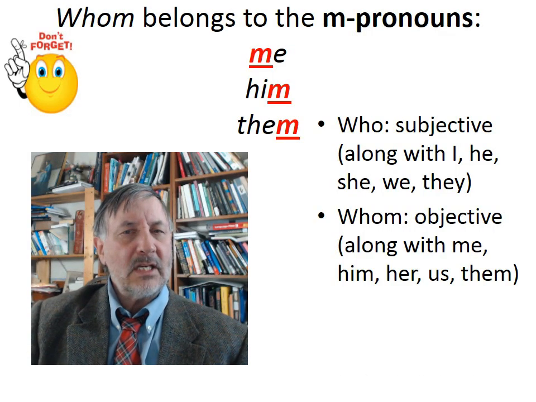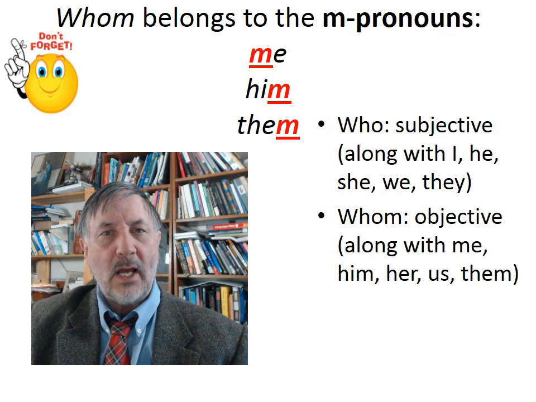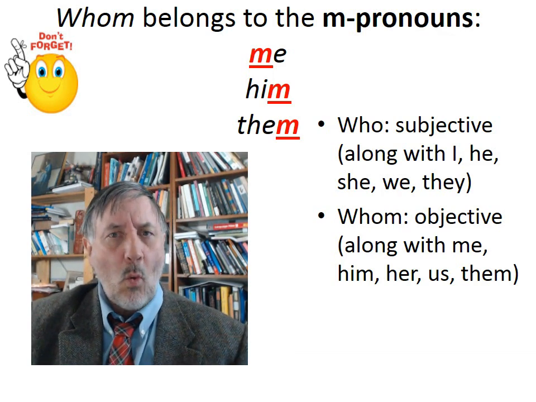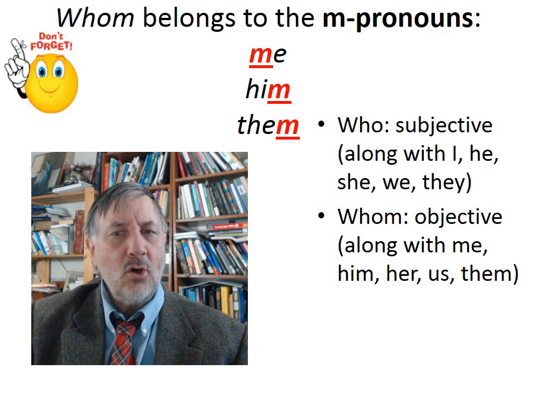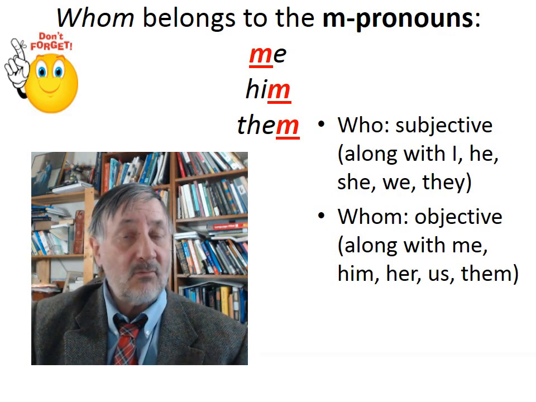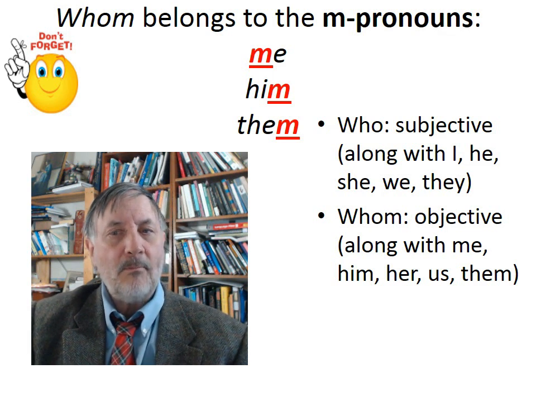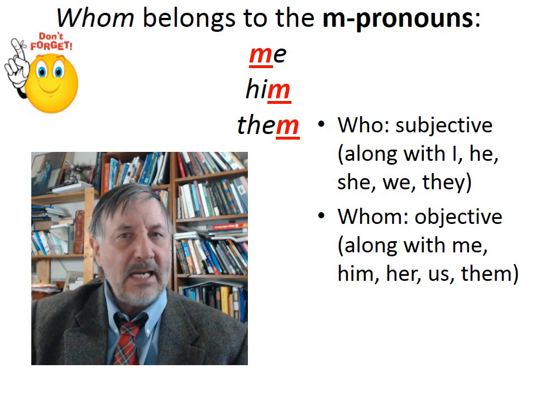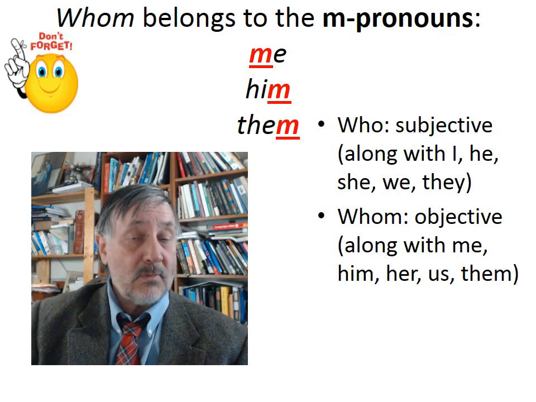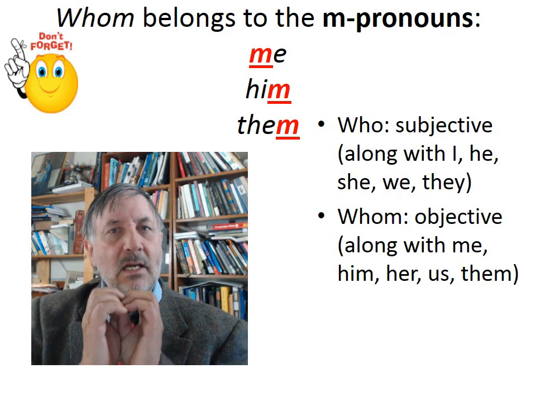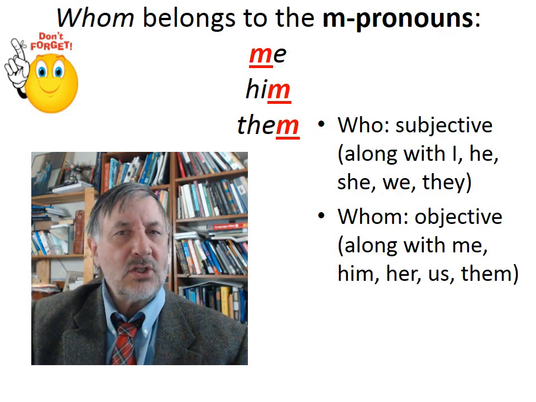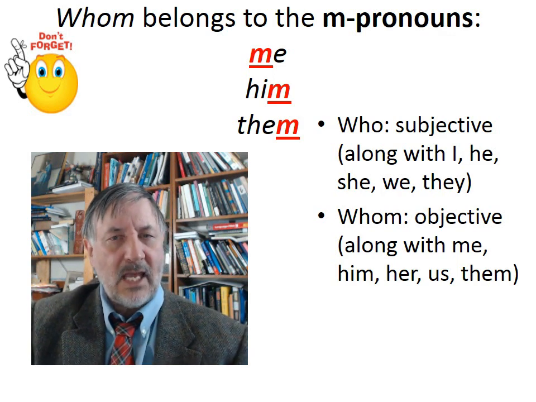Before we can discuss how we use these pronouns and how we tell them apart, who and whom, perhaps we should clarify what they are. Who is the subjective relative pronoun, and it's in the same category as I, he, she, we, they. So it takes the subjective case. Whom belongs to the objective case.